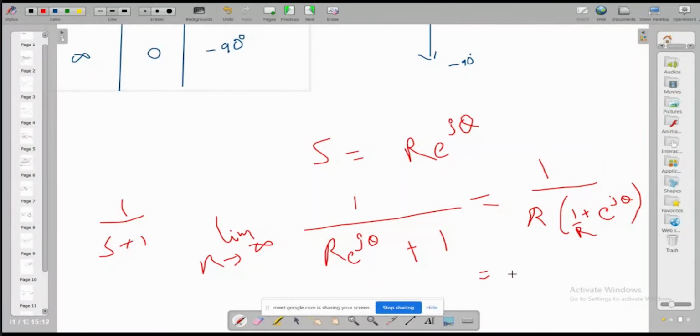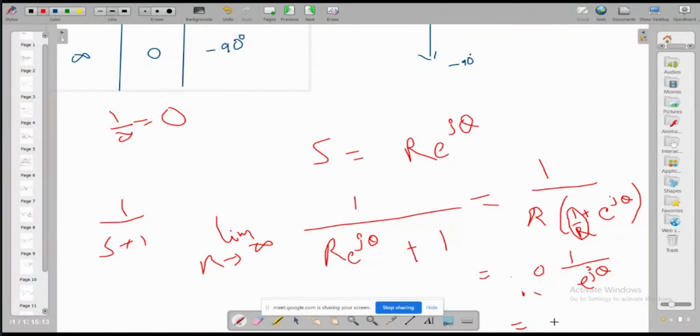If I take r common, this is 1 divided by r into 1 divided by r plus e to the power j theta. 1 divided by infinity will be 0, so 1 divided by r, this term will be 0. So 0 plus e to the power j theta, simply I can write e to the power j theta. And this entire term will be 0, 1 divided by r also is 0.